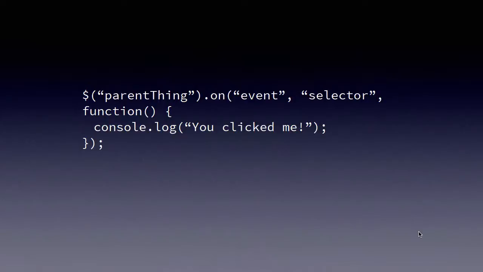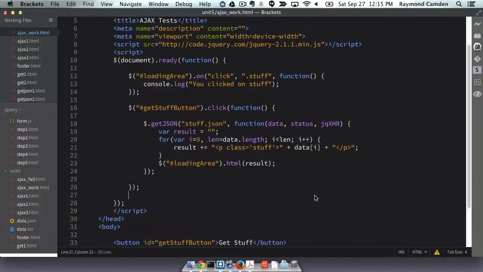And then this event handler will run because it's tied to the thing that was visible on page load. And that may be a bit confusing. Let's look at this in code. Okay, this is the exact same example. The only thing I've done is modify my click handler a bit. I'm saying look at loadingArea, listen for click, but only when the thing has a class of stuff.